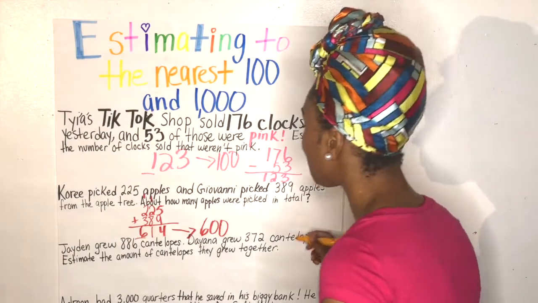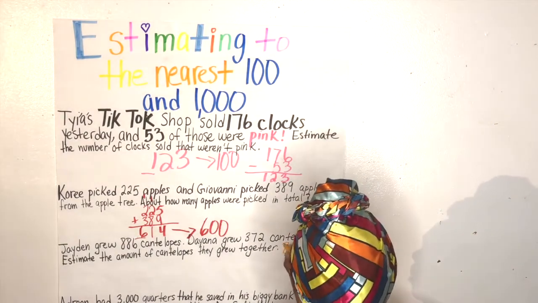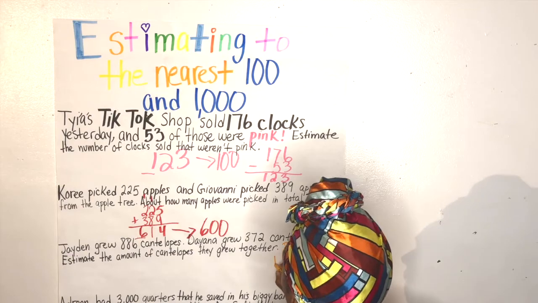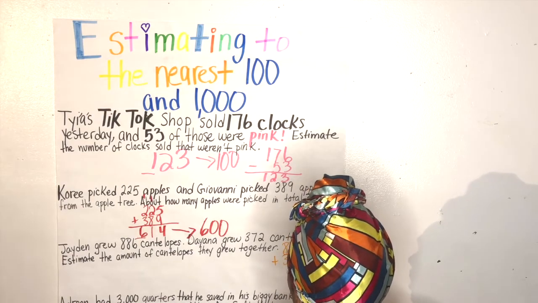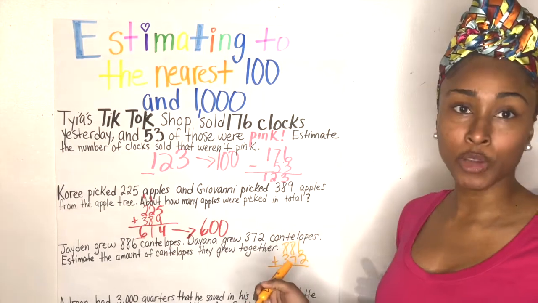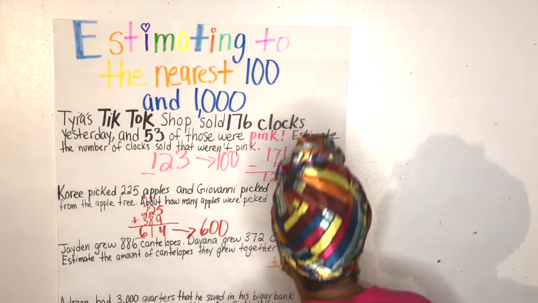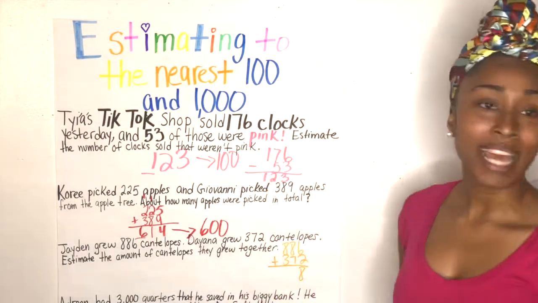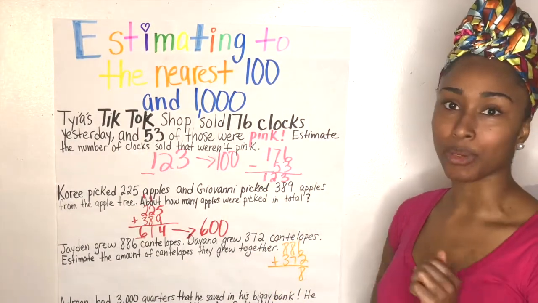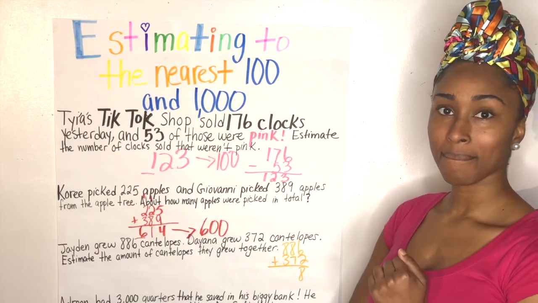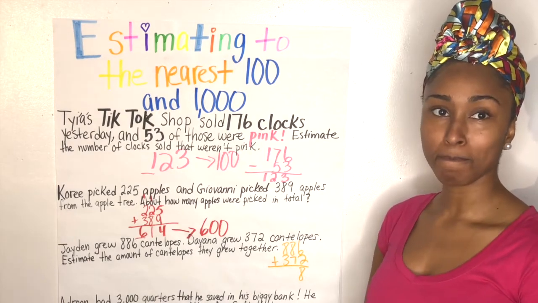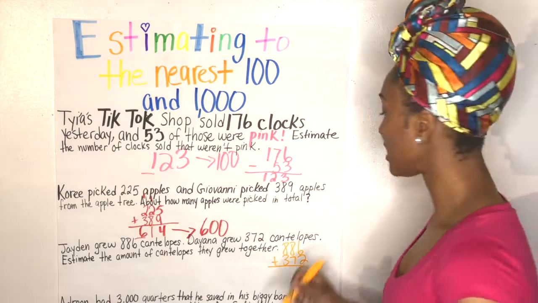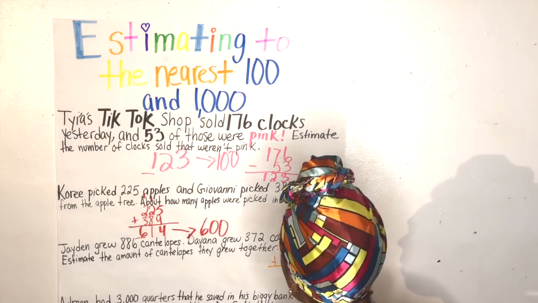Okay, watch me do it. 886 plus 372. Okay, 6 plus 2. Okay, that's 8. What's 8 plus 7? I want you to count on and do it. Tell me what 8 plus 7 is. Good, 15. Carry over my 1.